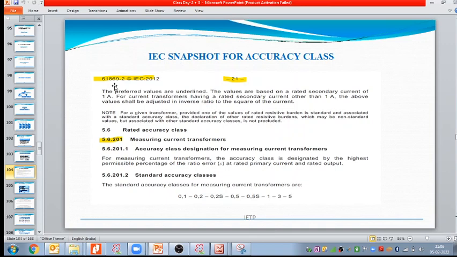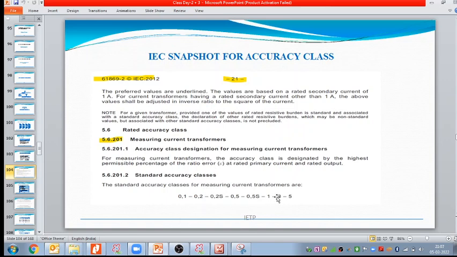Now as a design engineer we should understand where I will take 5, where I will take 0.1. As we have discussed, 3 and 5 generally nowadays we do not take. Class 0.1 we take for lab purposes, and from 0.2 to class 1 we take in the industry.